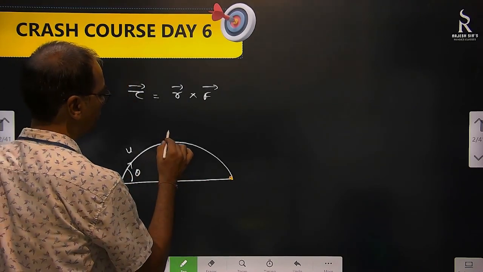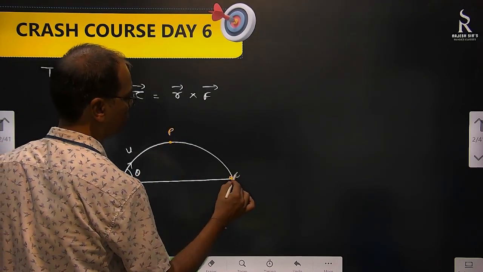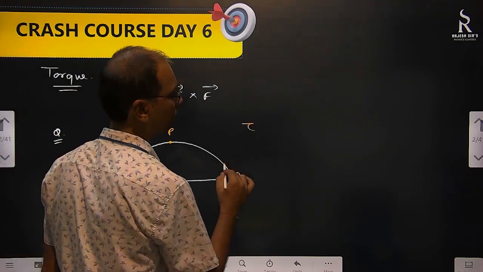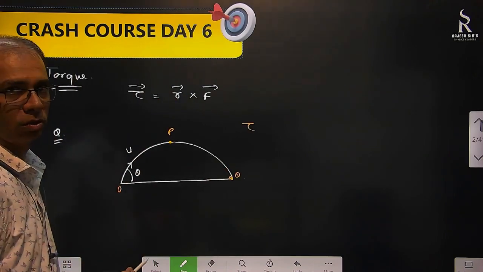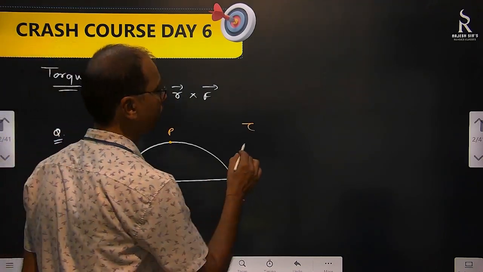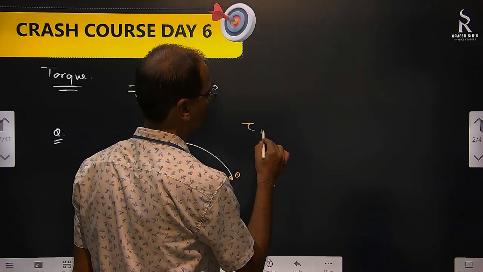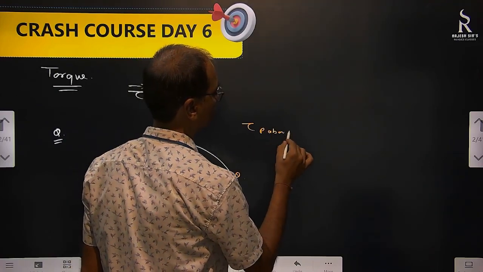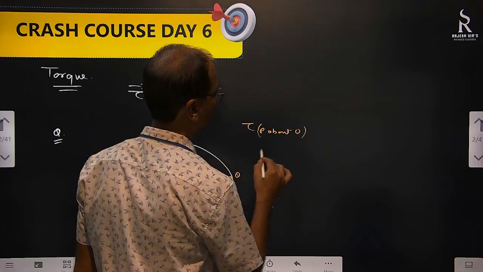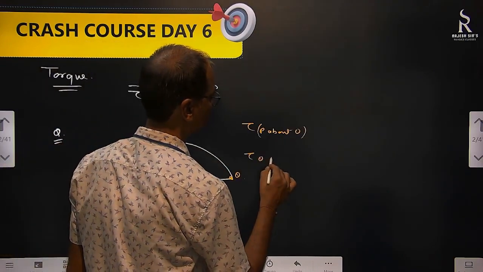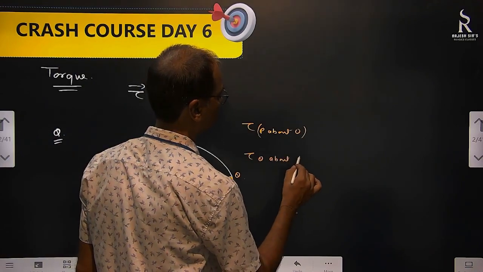Suppose this point is P, this point is Q and this point is O. We want the torque of which force? Gravitation is the only force acting on this. So the torque of the gravitational force at point P, that is torque at P about O, and torque at Q about O. These two things we want.